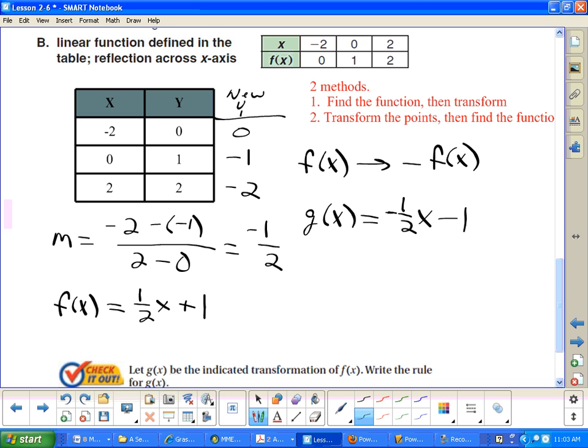And if we're doing a transformation, we do the negative of that function, that means that g of x would equal the negative of that. And so if I distribute this negative sign here, we would get the function that we found doing method 2. So you can do it either way. Totally up to you.